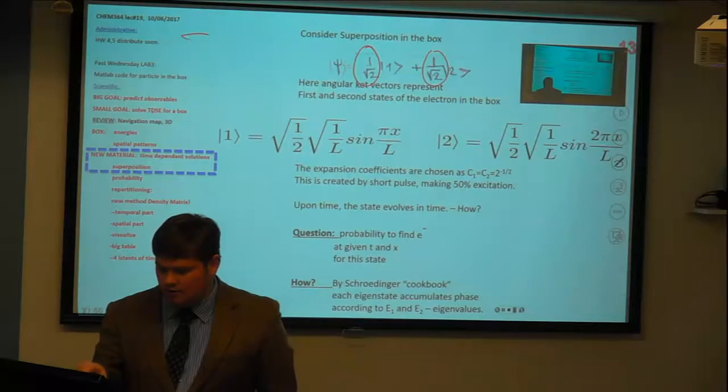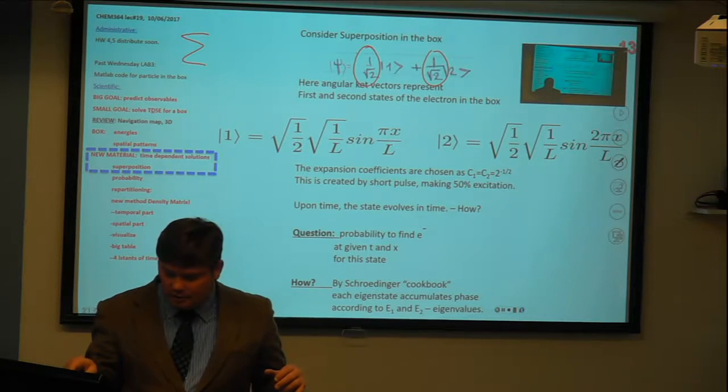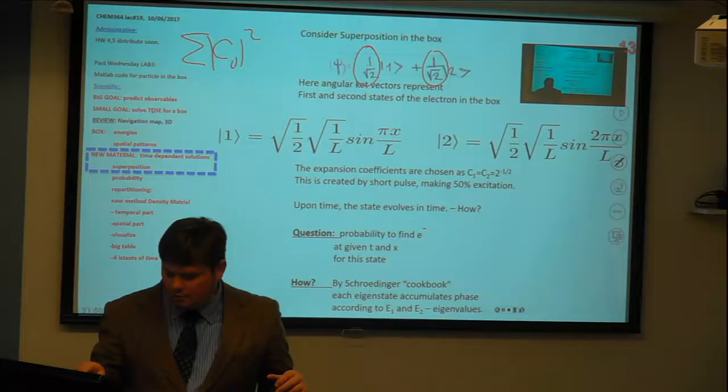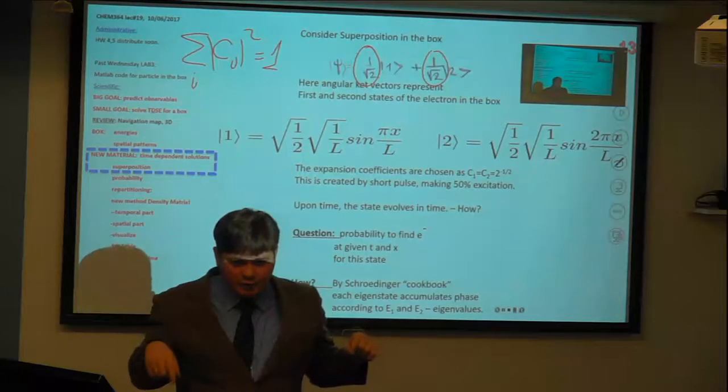So instead of integrating over space, we can just add together squares and make sure that it is 1. So we can perform normalization in space of expansion coefficients.